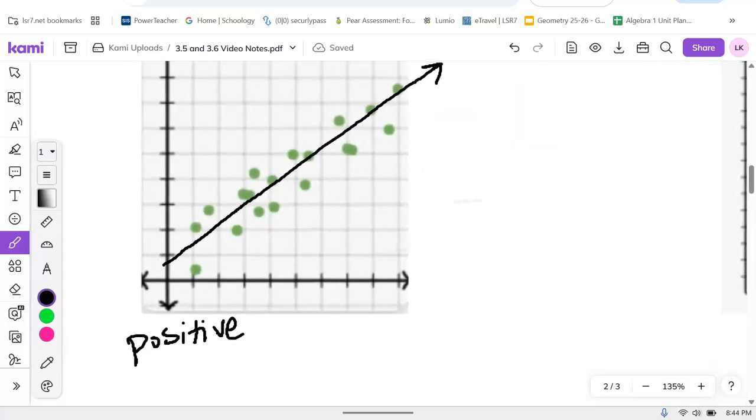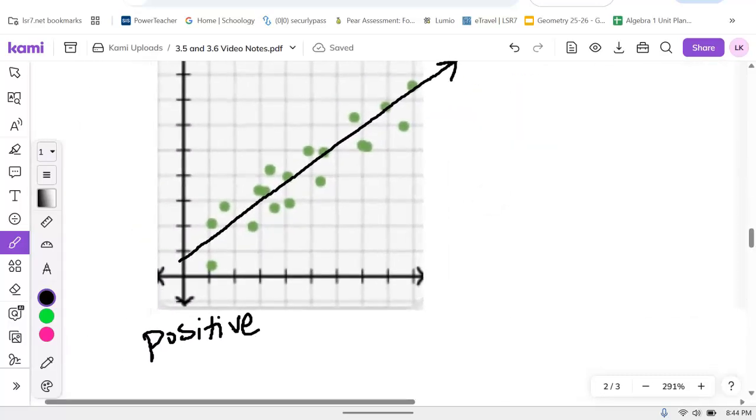So this looks like a point, and that looks like a point. So we're going to find our slope. Rise over run: I go up 1, 2, 3. I go over 1, 2, 3, 4. So my slope is 3/4.